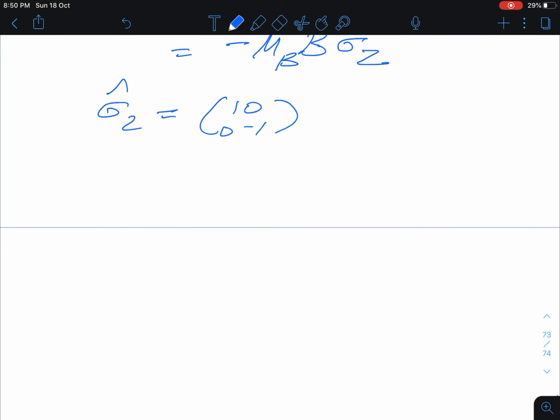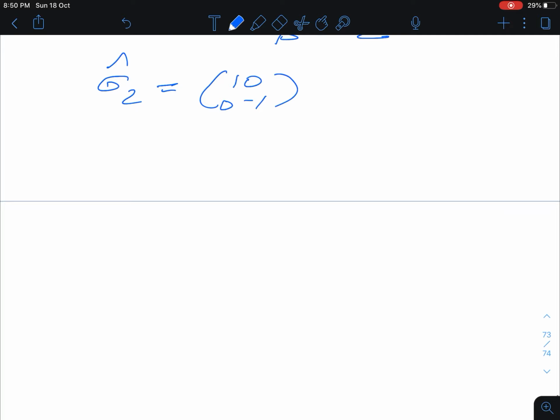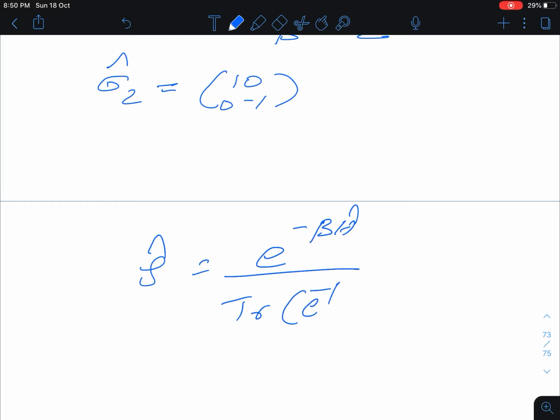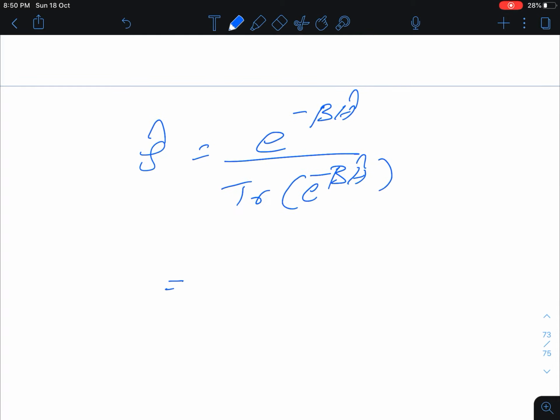Now very simple. What is rho? We have now studied the canonical ensemble: rho is e raised to minus beta H operator divided by the trace of e raised to minus beta H operator. What is H operator?